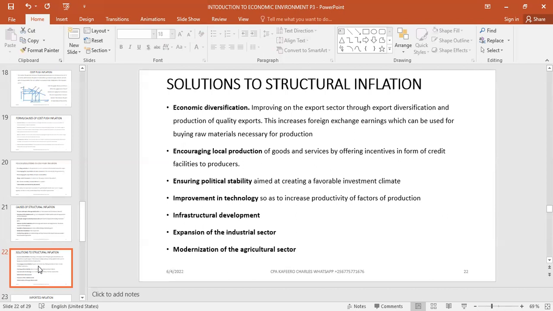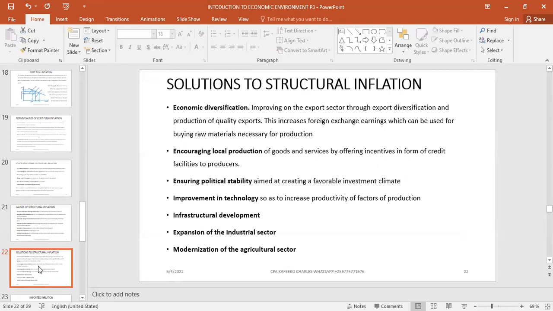When the economy is stable, we expect that it will create a favorable working environment for everyone, whereby it will be able to encourage more investors to come, both foreign and domestic investors, so that they can invest in production and increase our output. As the output increases, we are expected to be charging a lower price.